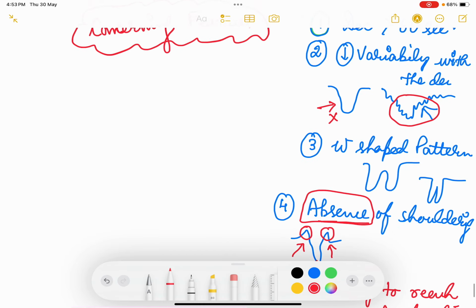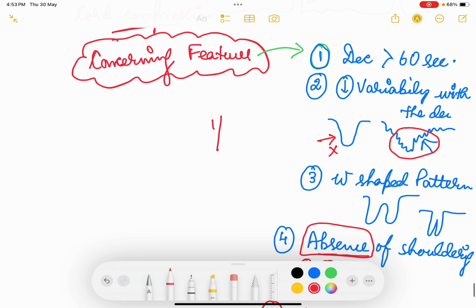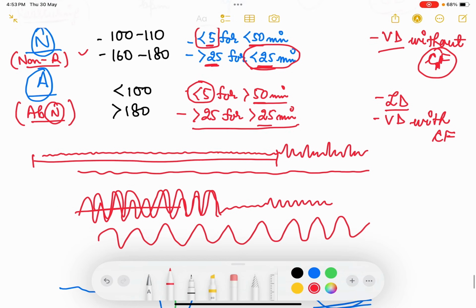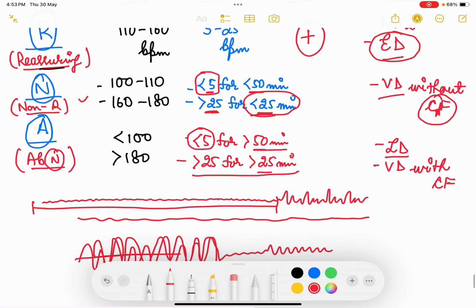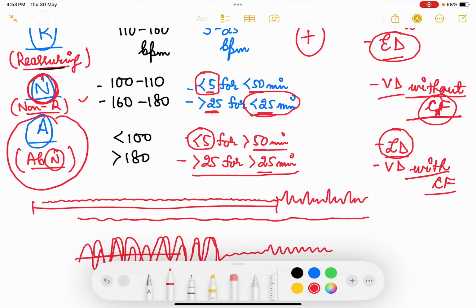If any of the 5, even 1 out of 5 or more than 1 out of 5 features are present, then you say that variable deceleration is having concerning features. So if concerning features are present, then it is an ominous feature and you say it is abnormal. Whereas variable deceleration without concerning features will be not so much worrisome, it will be in the middle category, that is non-reassuring.